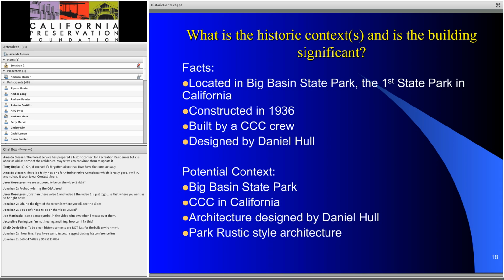Architecture designed by Daniel Hull, and he was a landscape architect originally with the National Park Service and then came to work for the California State Park System. And then the park rustic style architecture, and that picture I flashed by you real quickly was a park rustic style building.